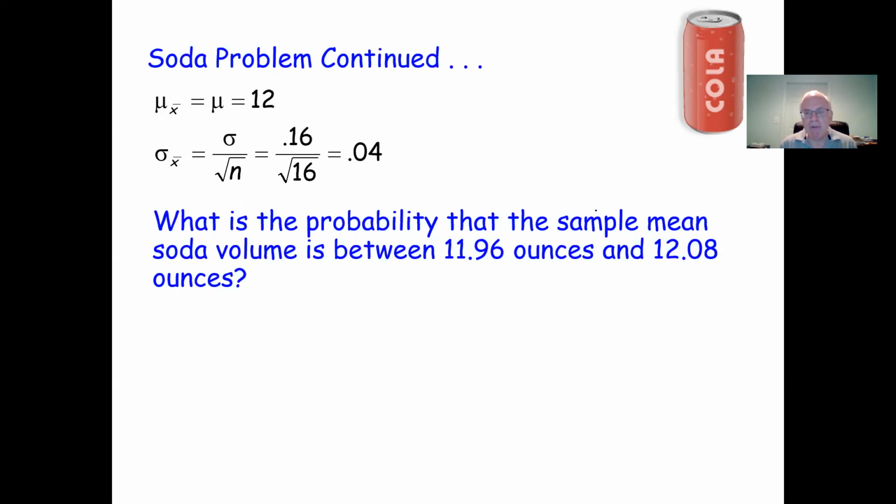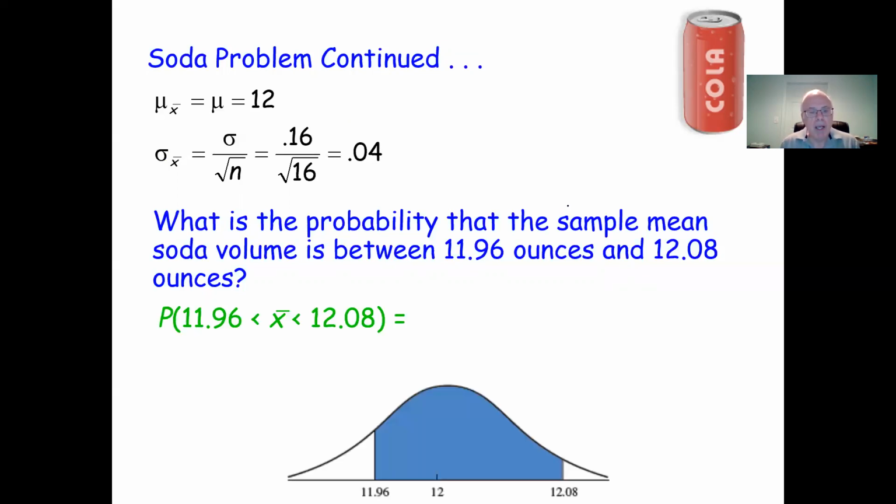So you get the idea, we haven't calculated the sample mean yet. You want to know ahead of time, if we randomly selected 16 cans, what's the probability that the mean soda content of those 16 cans is between 11.96 ounces and 12.08 ounces? And that is what we're being asked.